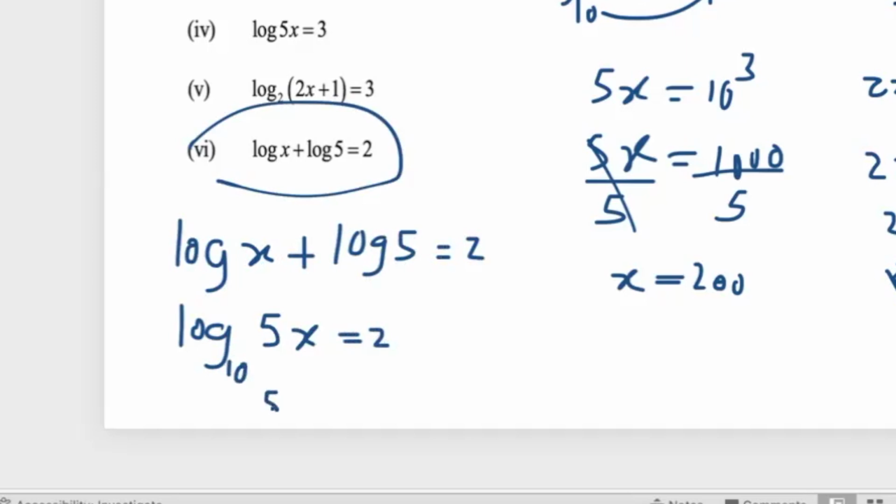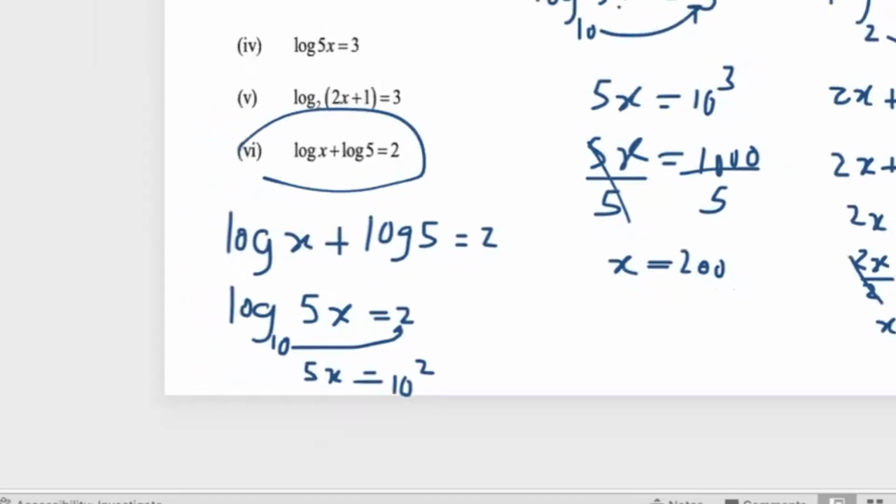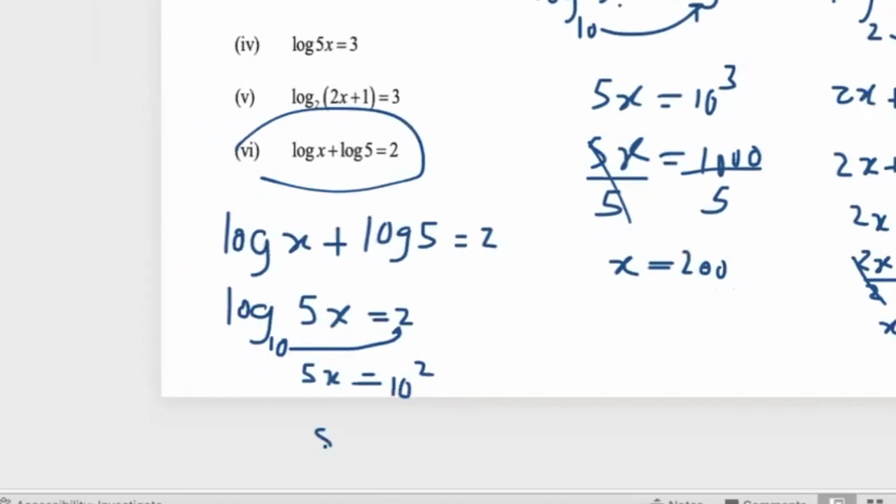So this is going to be 5x equal 10 is the base and 2 is the power. So we have 10 squared. Now 10 squared is 100. So it's going to be 5x equal 100. And then divide both sides by 5. That means x is equal to 20.